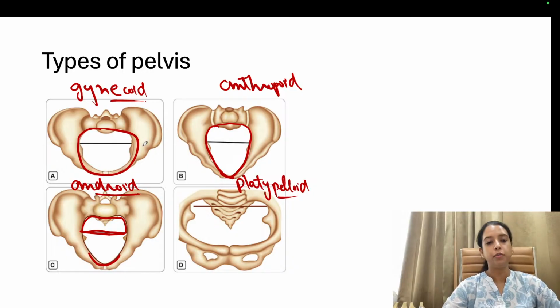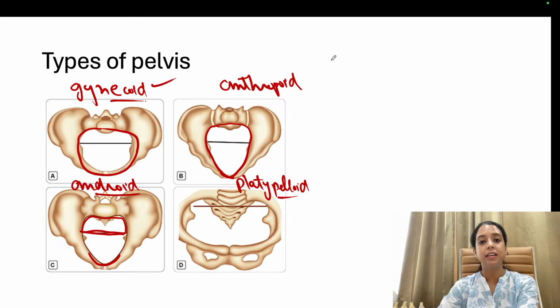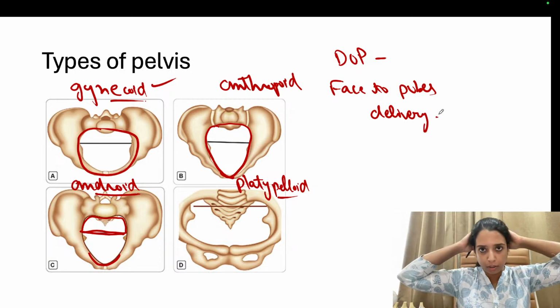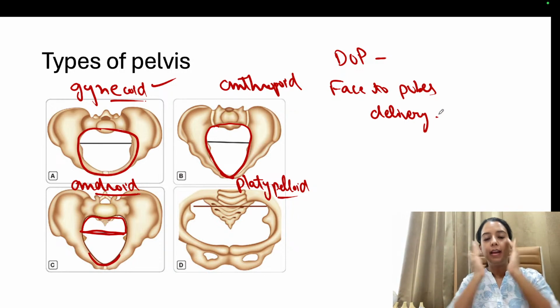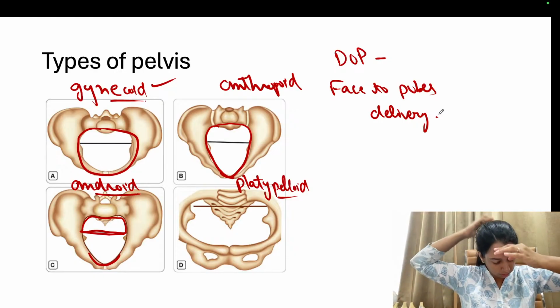Now important points. Which is the most common pelvis? Gynecoid. Which is the pelvis which promotes the direct occipito-posterior position, or I can say face to pubes delivery? Remember, face to pubes delivery means occiput posterior. See, if I am the baby, and this is the symphysis pubis, and the presentation is cephalic, but my occiput is posterior.